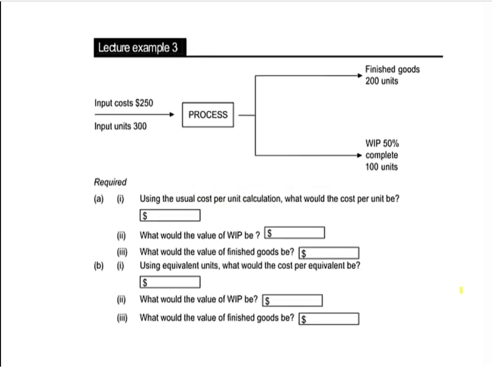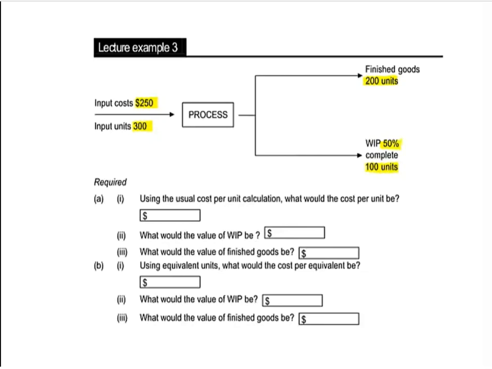Example 3 then is going to help us illustrate why the concept of equivalent units is so important. So we have a process there with input costs of $250 and 300 units of output. But at the end of the period, only 200 of those are finished, and the remaining 100 units are 50% complete as work in progress.